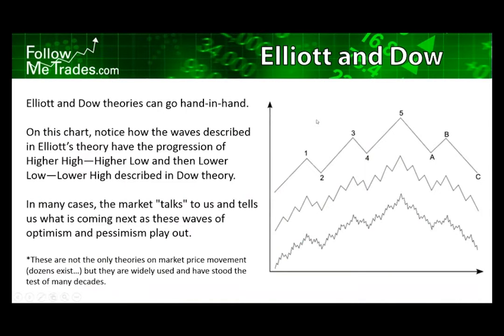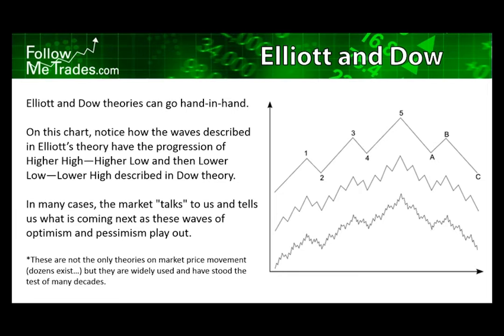So Elliott and Dow, bringing these theories together, I think they go hand in hand. If you notice on this chart, on the top we've got the Elliott wave sequence, the 5-wave sequence going up. And if you look at the very bottom, you can see that stocks don't move in those kinds of straight lines, no instruments do. Price is moving in a sequence of higher highs, higher lows, higher highs, higher lows.